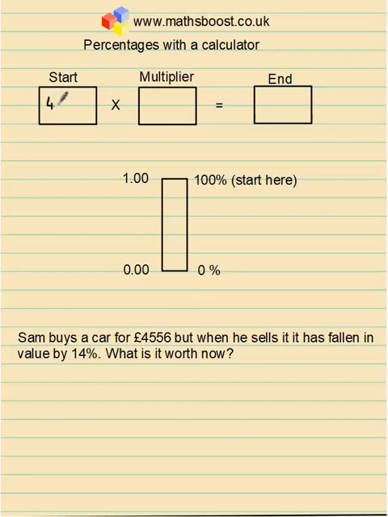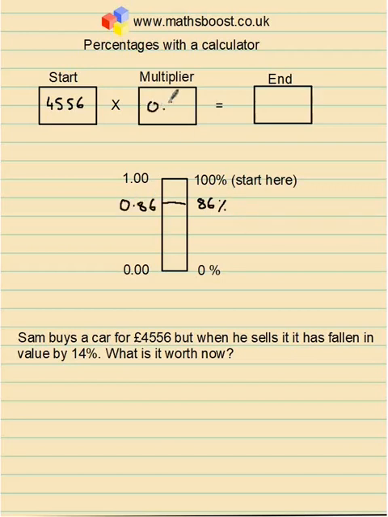Well, we know he starts at £4,556, and again, to fill in the multiplier, we'll use the bar. We always start at 100%, and we're told it has fallen by 14%, so we arrive at 86%. Which is a decimal multiplier of 0.86.